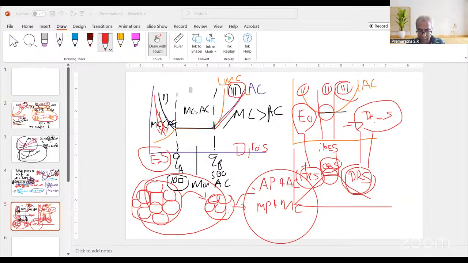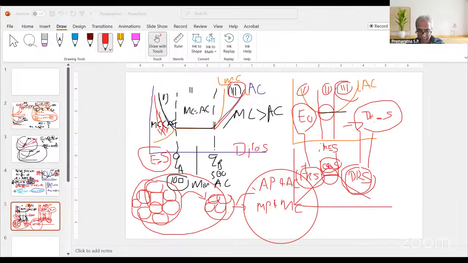This is the part I am trying to explain to you: the negative slope and the economies of scale. Economies of scale occur when the long-run average cost declines.